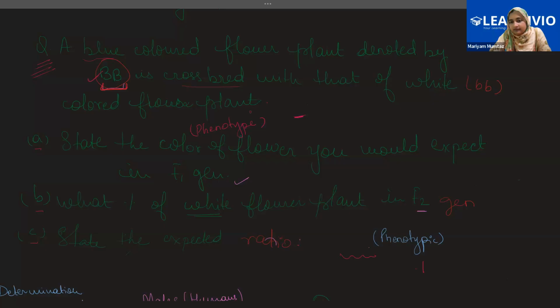So you have to find out the F2 generation first, then you can take out the percentage.